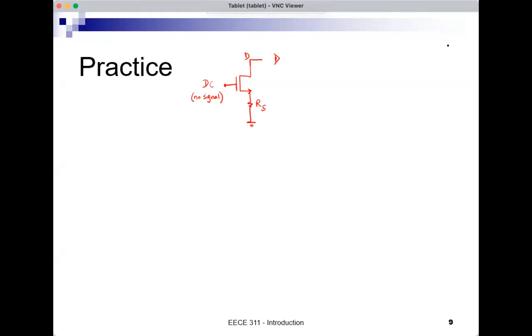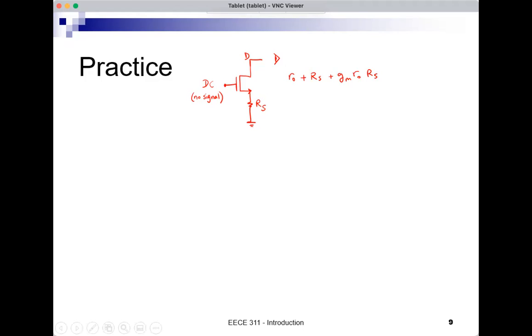This is exactly what the rule is saying. When you want to see the resistance looking into the drain, this V test over I test, the resistance seen is RO of the MOSFET plus RS plus GM RO RS.